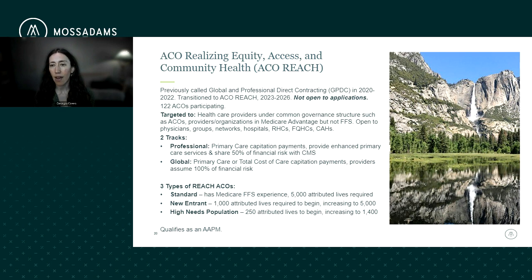But in this program, CMS is offering some upfront payments, a cash flow mechanism, where they give you primary care capitation payments. There's a couple of different options here, professional and global, with 50% and 100% financial risk, respectively. So it's a higher risk, higher reward program, and slightly different in having those capitation payments.